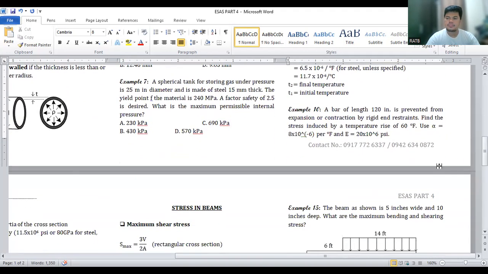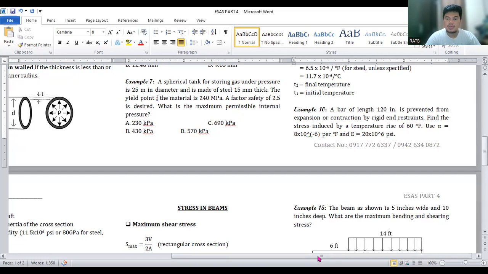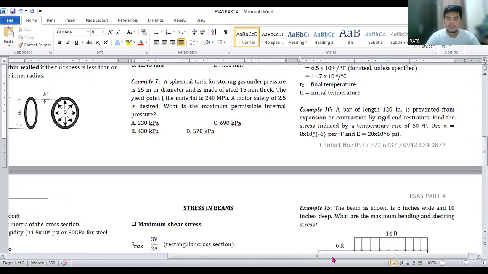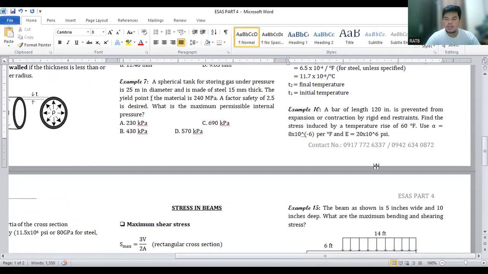Okay, so we now go on to example number 10. In example number 10, you have a bar of length 120 inches that is prevented from expansion or contraction by rigid end restraints.